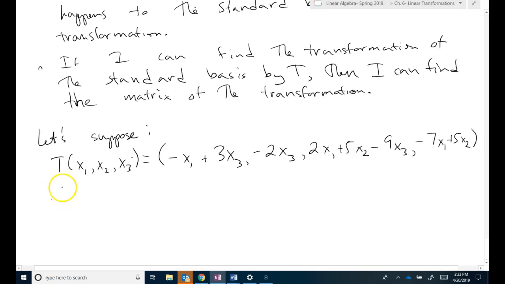What I can do is rewrite this now. I'm going to rewrite this as x1, x2, x3.